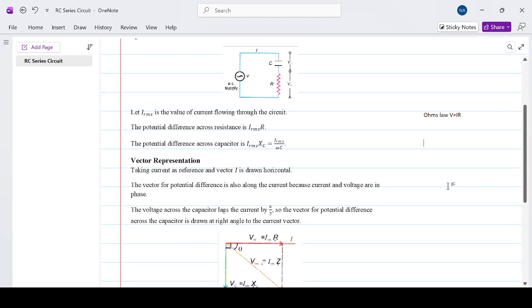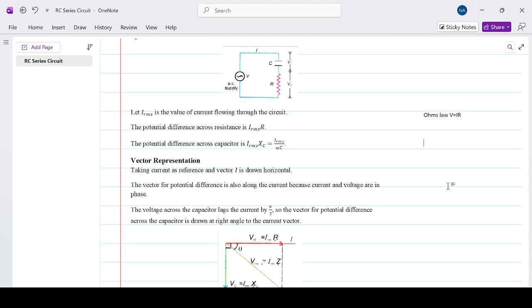Also, in this topic, we are going to find the relationship between VRMS and IRMS using vector representation. So, first of all, we have to represent the different quantities, that is current and voltages across resistance and capacitor, as vectors.